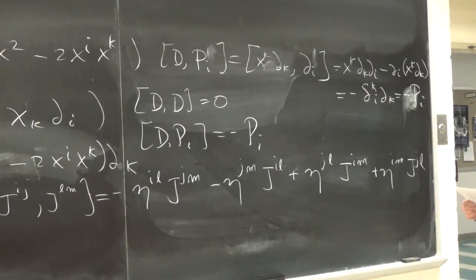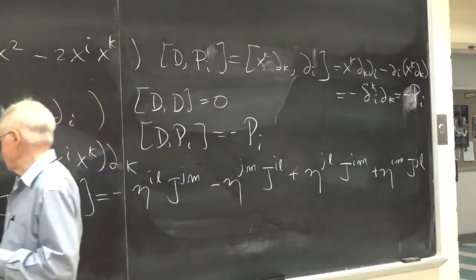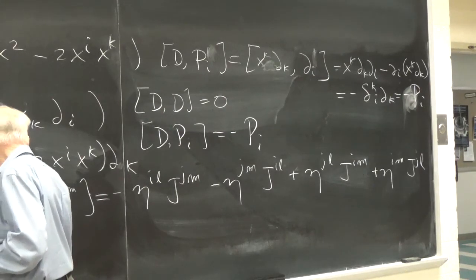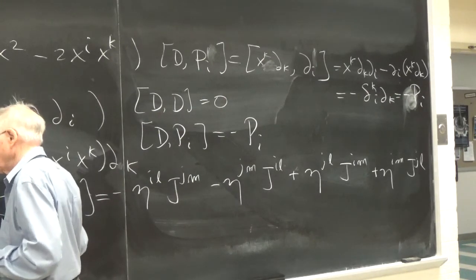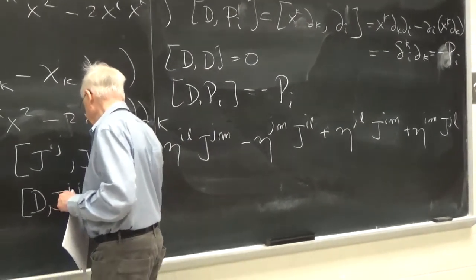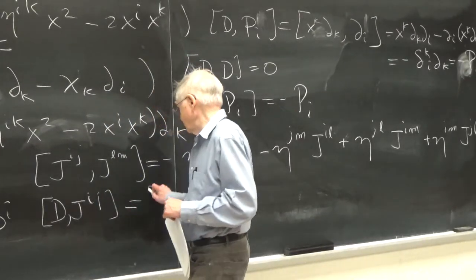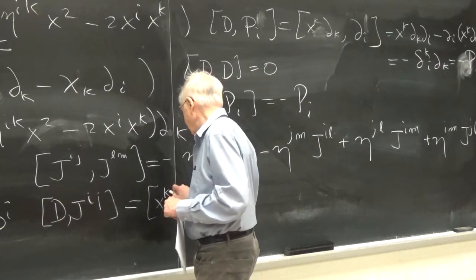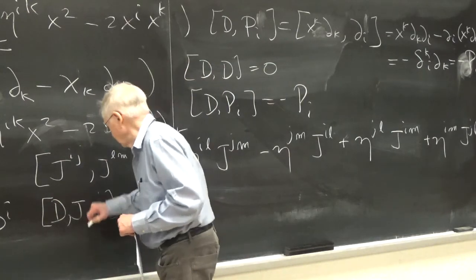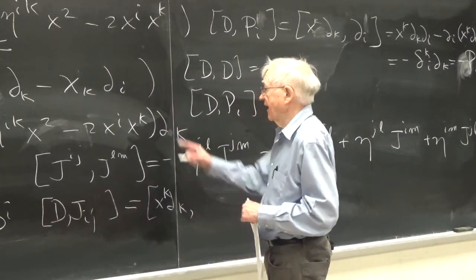And so D with J is actually 0. And let's see if we can work this out. D, J_ij, so let's use it, and we'll have here x^k d_k, and let me lower the i and j, simply so we have derivatives down like that.